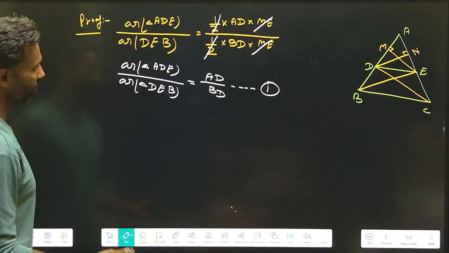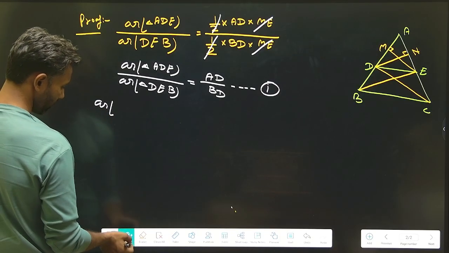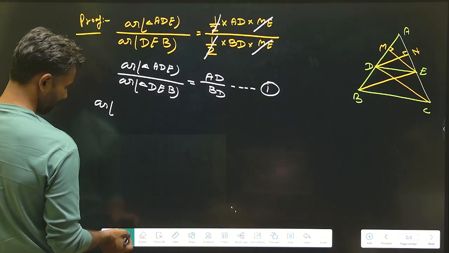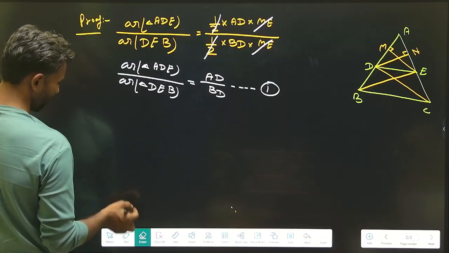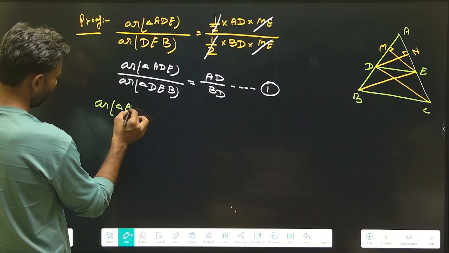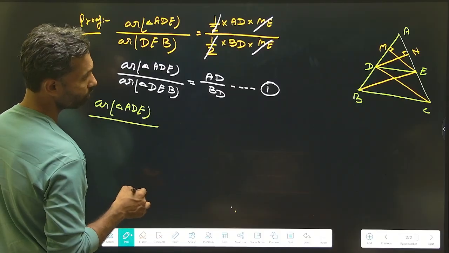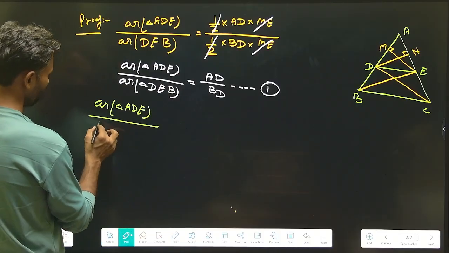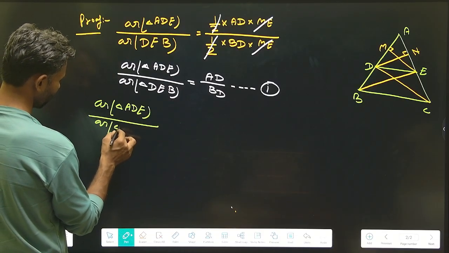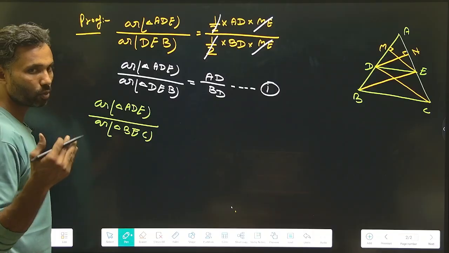Now in the same way, students, the area of triangle ADE upon, now we have to take another triangle, BEC, the area of triangle BEC, again using the same formula, 1/2 base into height.